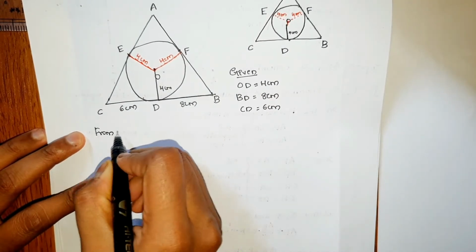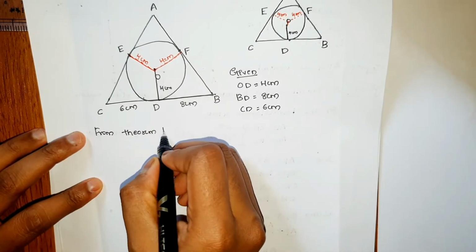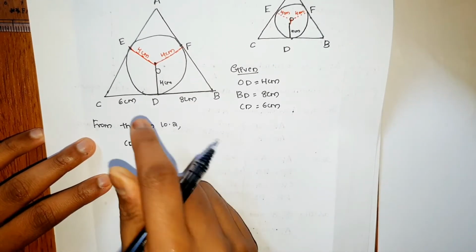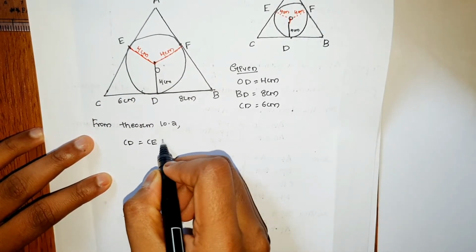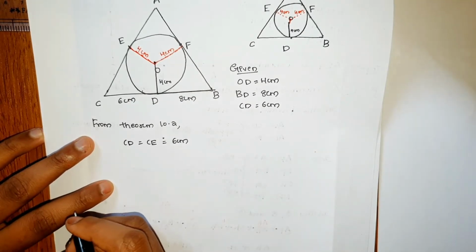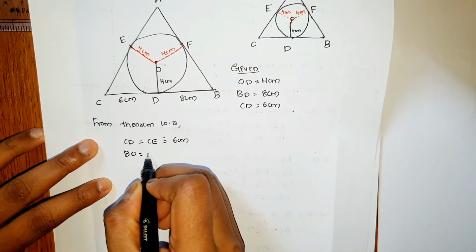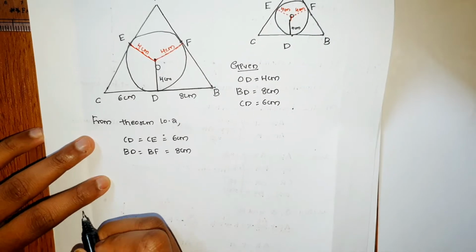From theorem 10.2, we can write CD is equal to CE equal to 6 cm. Next, BD is equal to BF is equal to 8 cm.